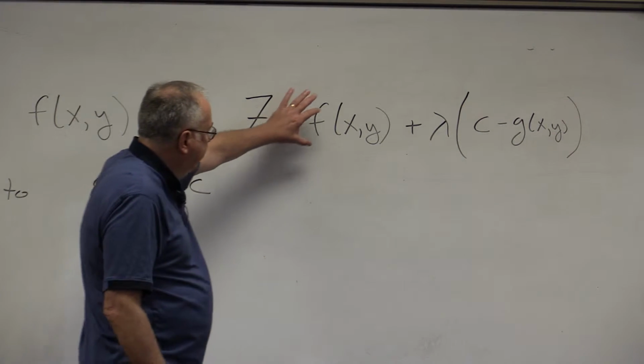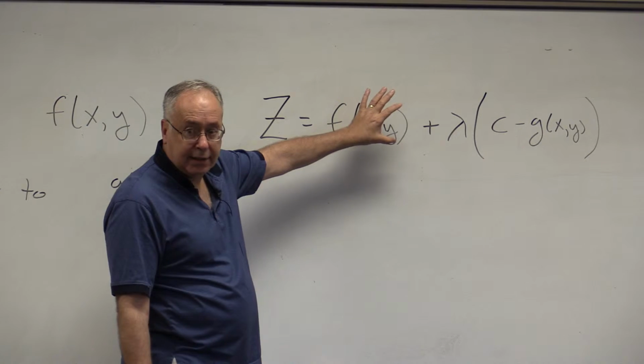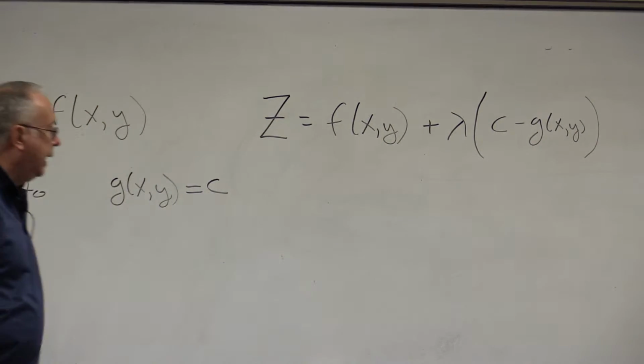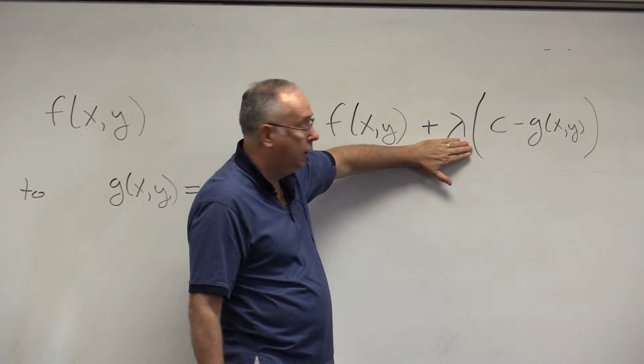This little f is the objective function, the thing you're trying to either maximize or minimize. In this case, maximize. Lambda, we call that our Lagrange multiplier.